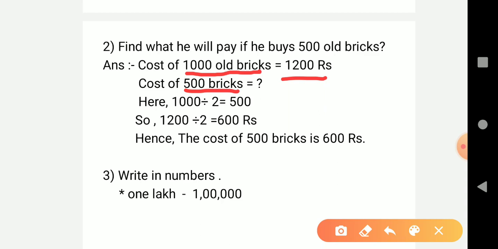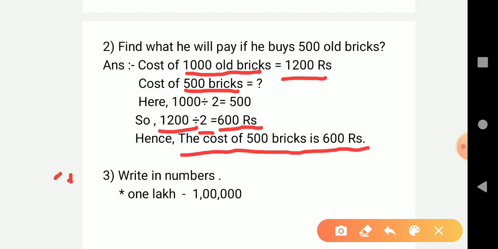So we divide 1000 bricks by 2, and we get 500 bricks. So we also divide the total cost of 1000 old bricks, 1200, by 2. So we get the answer 600 rupees. So the cost of 500 bricks is rupees 600. Understood?